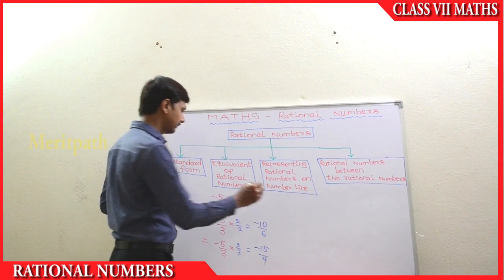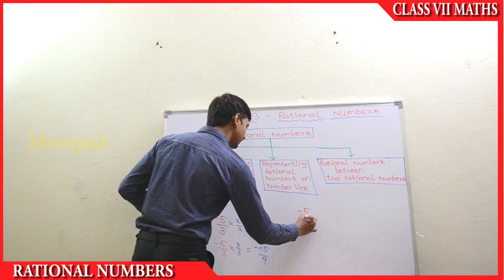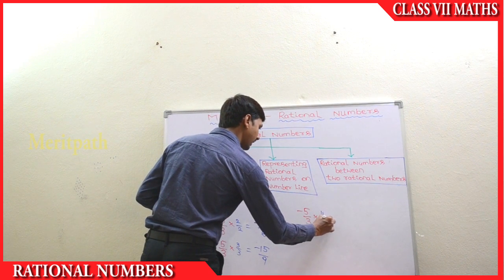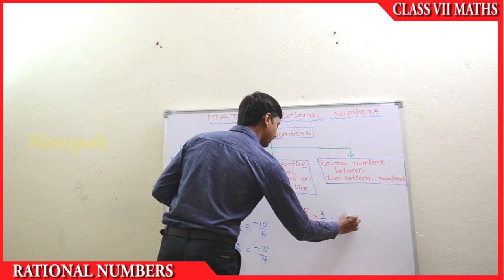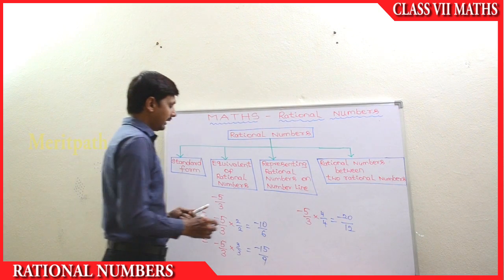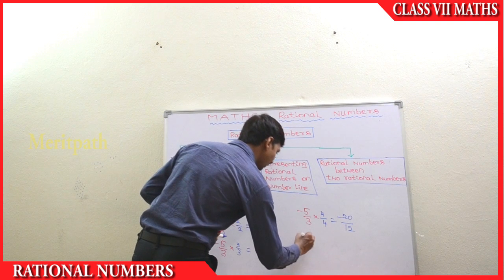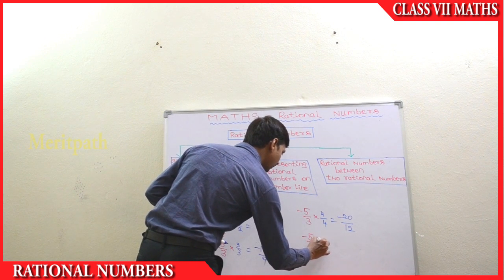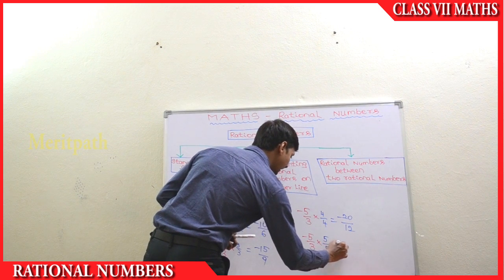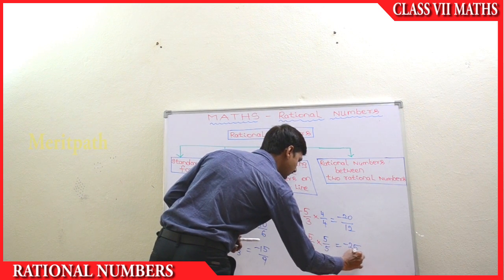Let's take some other number. Minus 5 by 3 multiplied with 4 by 4 is minus 20 divided by 12. Next example, minus 5 by 3, multiplied with 5 by 5, so that is minus 25 divided by 15.